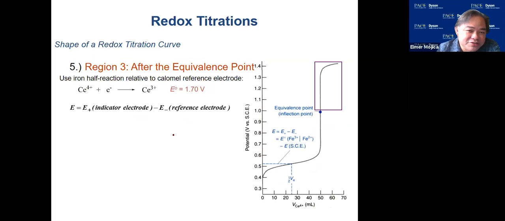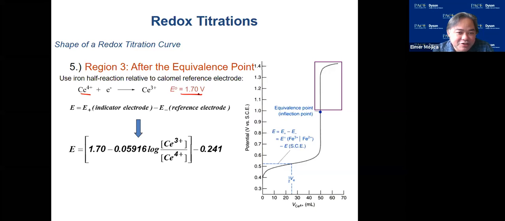If you look at this after the equivalence point, the one that you take into consideration is your Ce4+, which is equal to 1.70. And if you do it like we did earlier, 1.70 minus 0.05916 log of the products over the reactant, minus the calomel reference electrode of 0.241.